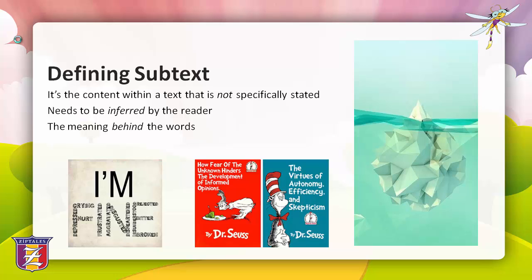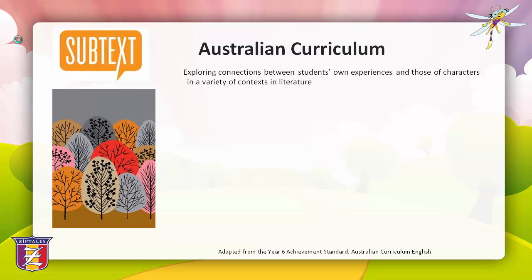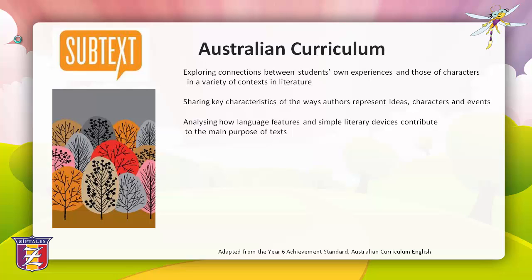Let's look at how subtext links to the Australian curriculum. Learning to infer subtext fosters a number of essential literacy skills as outlined in the Australian curriculum, such as exploring connections between students' own experiences and those of characters in a variety of contexts in literature, sharing key characteristics of the ways authors represent ideas, characters and events, analysing and explaining how language features and simple literary devices contribute to the main purposes of texts and their effects on readers and viewers, and selecting relevant evidence from text to support personal responses and to develop reasoned viewpoints.